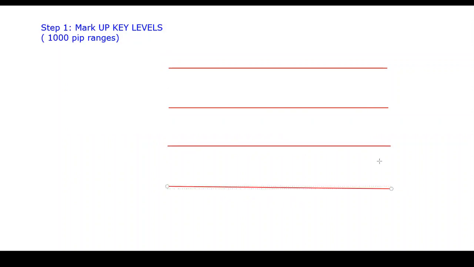Right. So now I've got my 3 zones. 1, 2, 3. After we mark up these 3 zones, we want to be sure that the numbers over here are nice whole numbers.